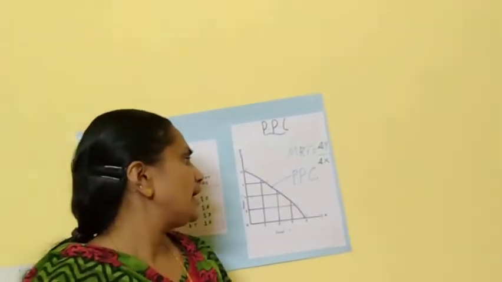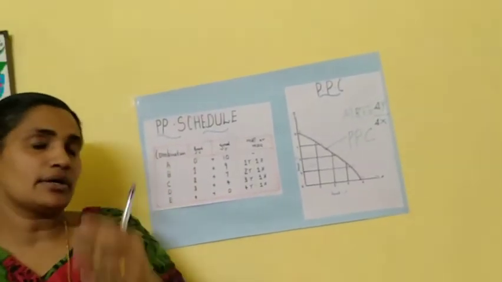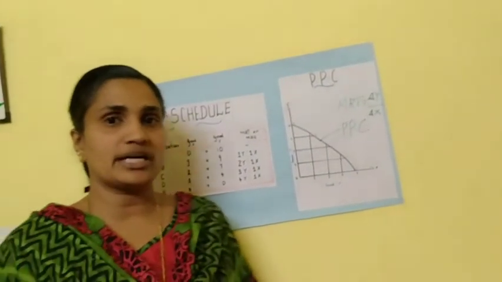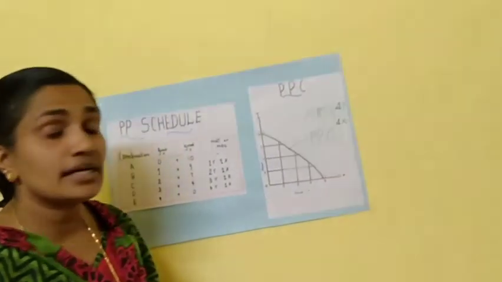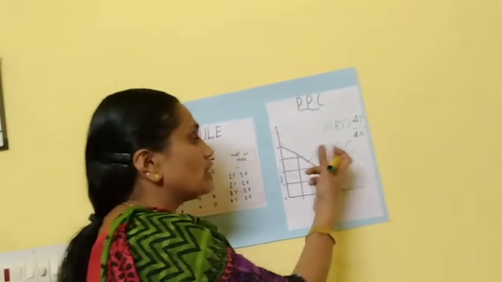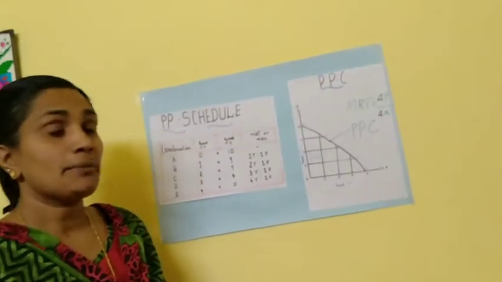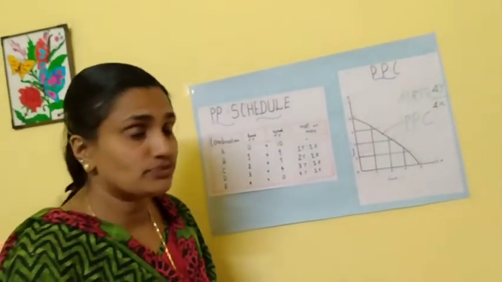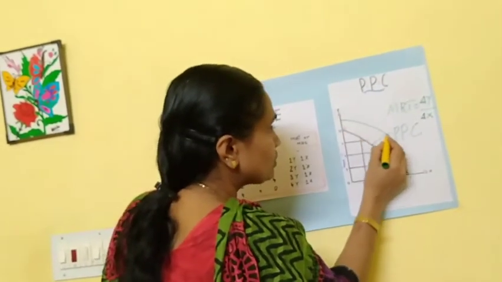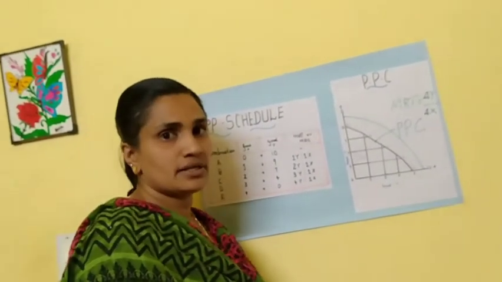So from this example, there is a doubt that may arise in your mind. Is there any chance for this PPC to shift upward or downward, rightward or leftward? Yes, PPC will shift upward or rightward when the resources are increased.